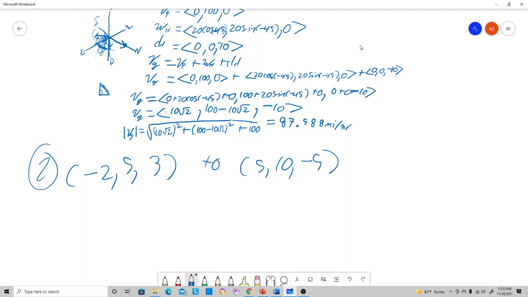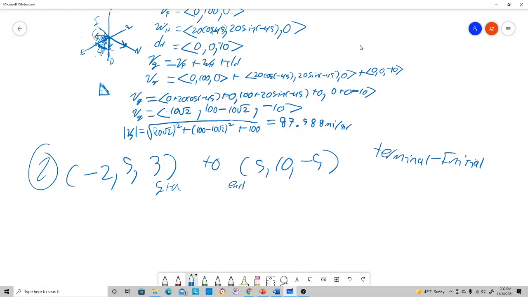Well, all you have to do is terminal minus initial. So what is terminal minus initial? This is the start, and this is the end.